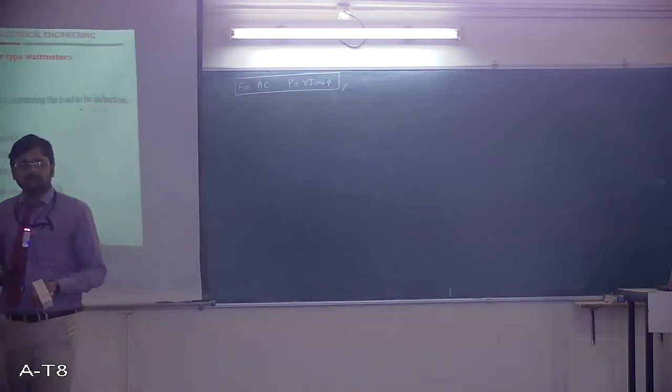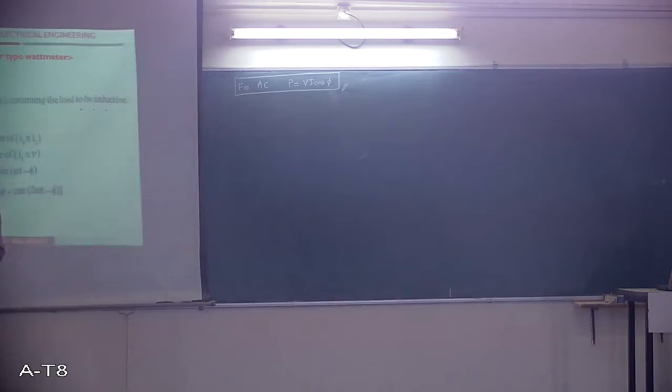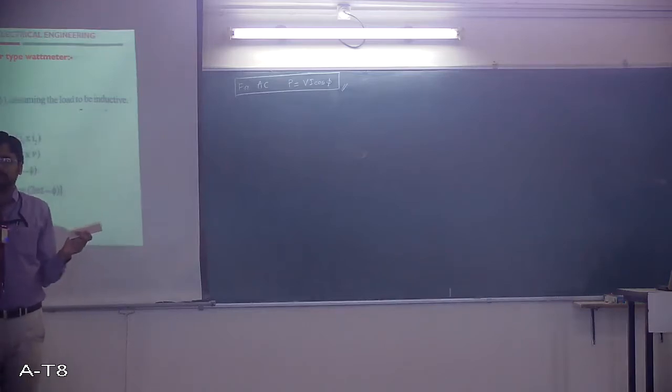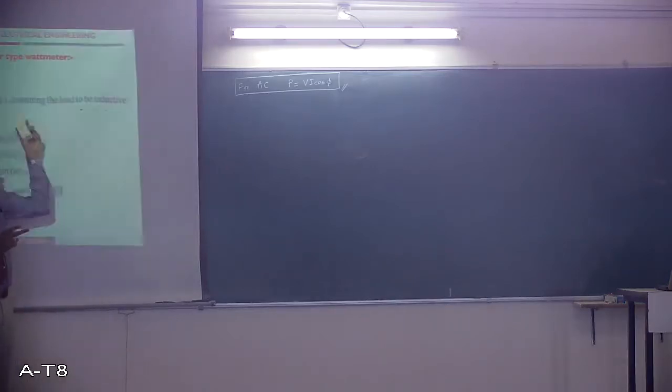Why minus phi? Because I assume that the load is inductive. Why should I assume inductive? Please note that you have three types of load. Resistive: if the load is resistive, voltage and current are in phase, that means the phase angle phi is 0. It can be inductive: if the load is inductive, current lags the voltage by some angle phi, and since it is lagging, it is minus phi.